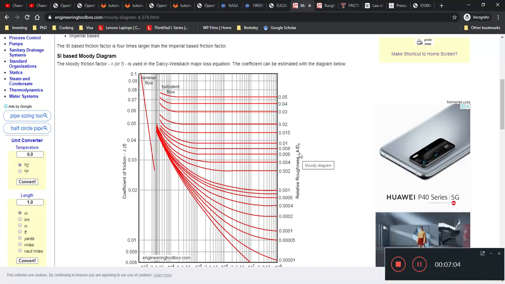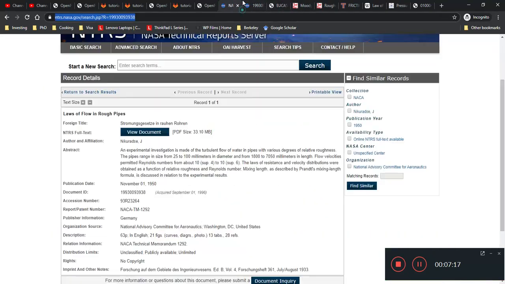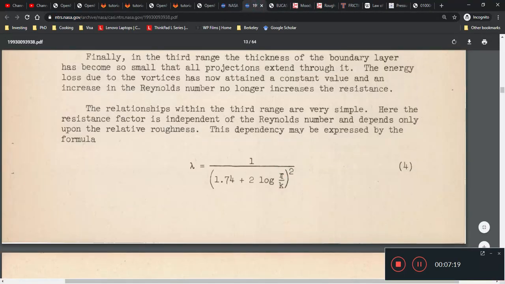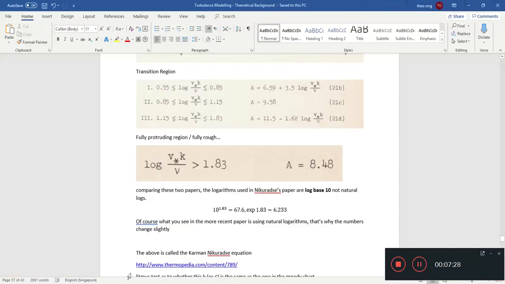Do note that this is K over the hydraulic diameter, which is of course for a circular pipe the diameter. However, that is equal to 2R, whereas over here we see a use of R over K. So we'll kind of need to change that up a bit. So I'll just type it out in Word.